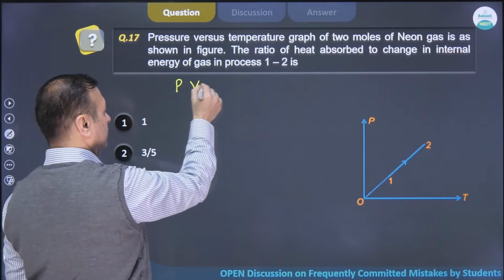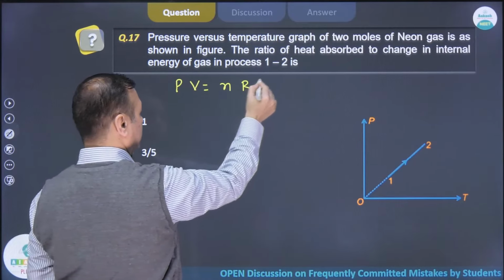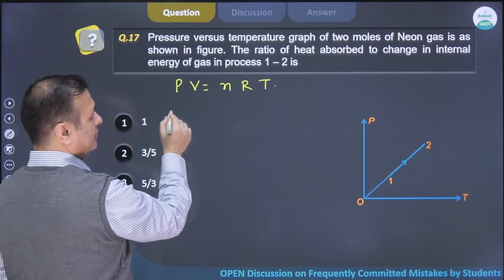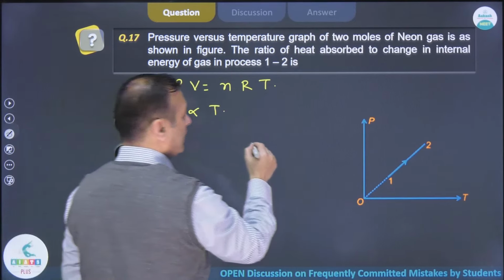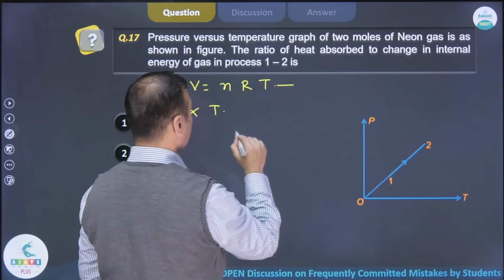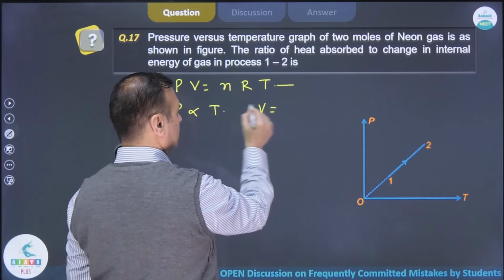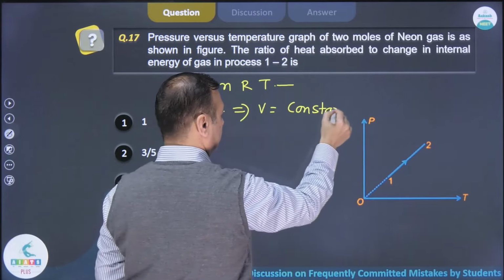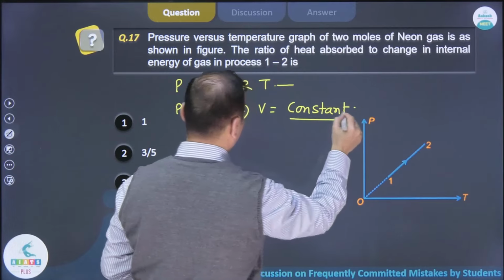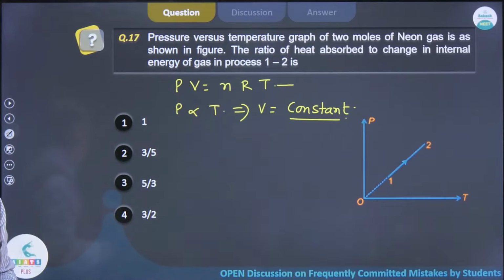If I put it in the ideal gas equation, P is directly proportional to T. That clearly means the volume for this process remains constant.